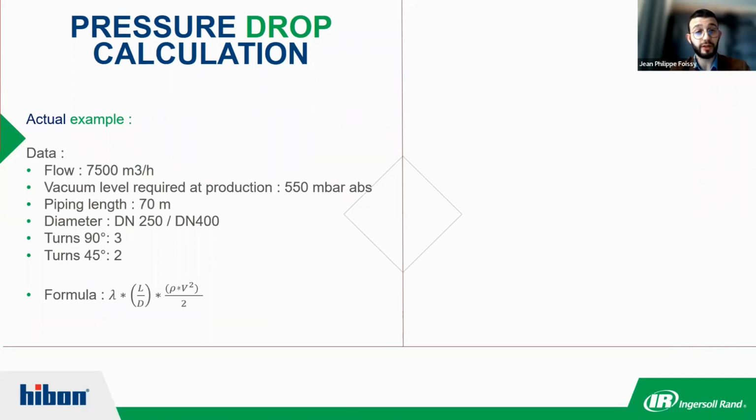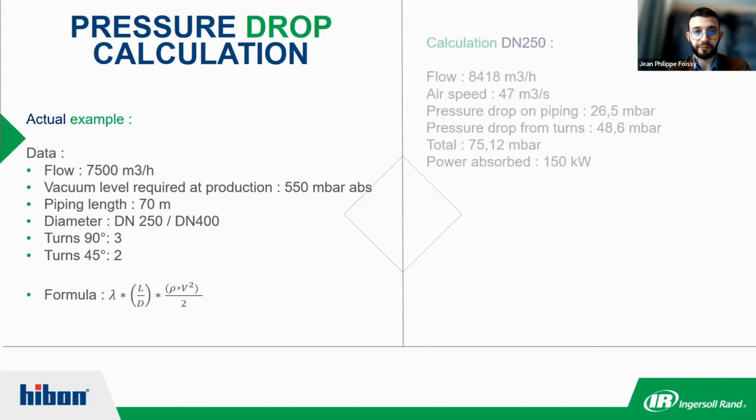velocity, so the speed of the air inside the piping, multiplied by the molecular weight of the fluid, so here air, and with length and diameter. The first calculation shows that the flow will be 8,418 cubic meters per hour, because when we do the calculation, we have an air speed of 47 meters per second.